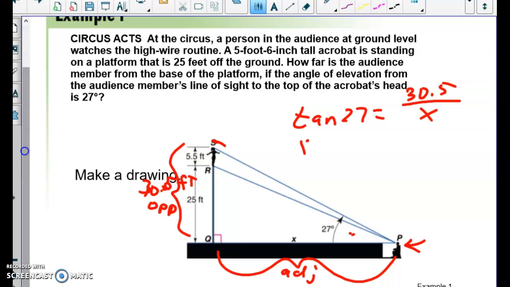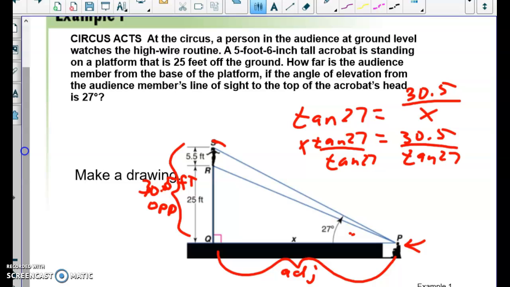And to solve that, I have to multiply both sides by x and then divide by the tangent of 27. And so I get 30.5 divided by the tangent of 27, which gives me to the nearest foot 60 feet directly below them.